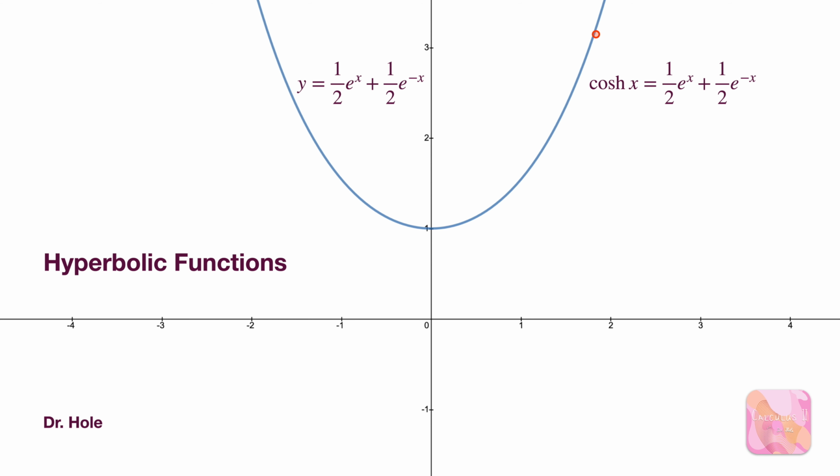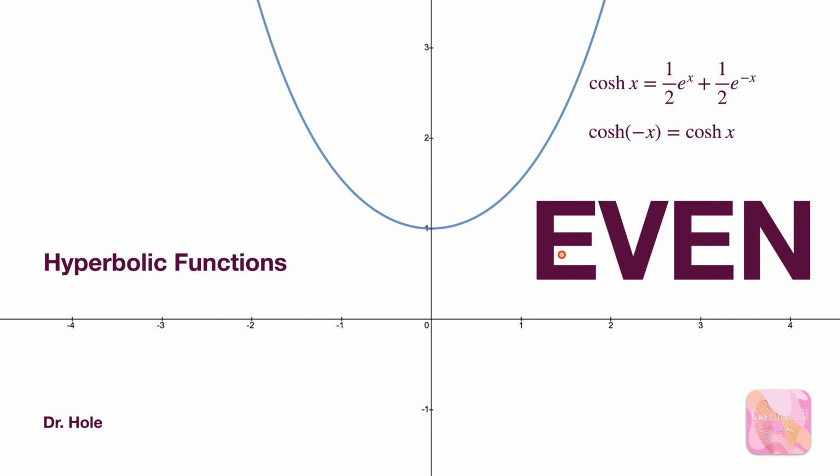As commented earlier, the graph has symmetry with respect to the y-axis. Algebraically expressing that out, if we do cosh of negative x, here's the expression. But notice that we have 1/2 e to the x as well as 1/2 e to the negative x as a sum. In other words, cosh of negative x is cosh of x.